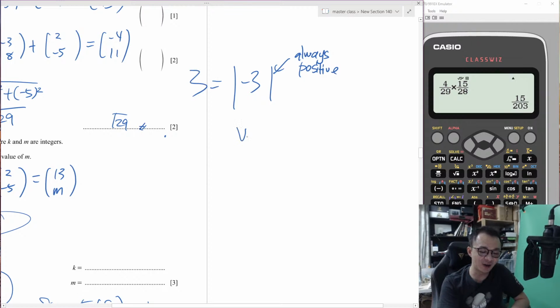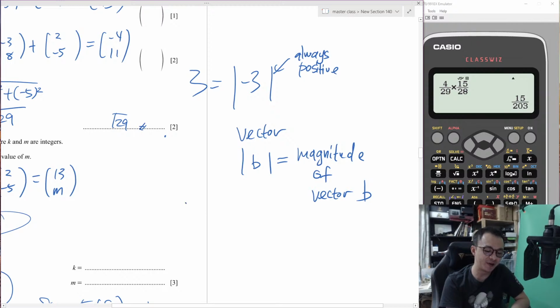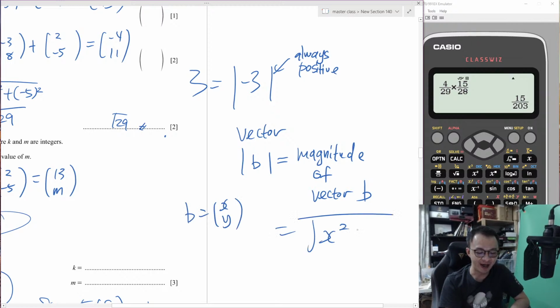But in the vector topic, modulus B means the magnitude of vector B. So if B is X and Y, the formula is square root of X squared plus Y squared, because I'm finding the length of the vector B.